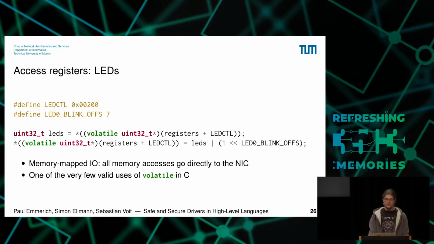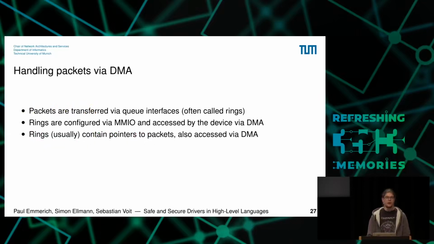So yeah. Next up, how do we handle packets via DMA? Packets are transferred via queue interfaces, receive queues, transmit queues, and these are often called rings because, well, they are organized in a ring-like structure. These rings are configured via MMIO, and when this is done, we can access the device via DMA.